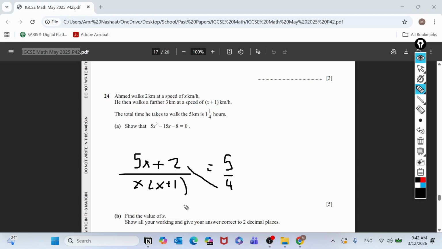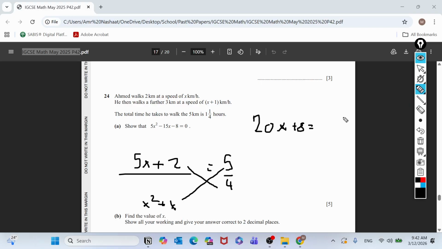So 4 times 5x is 20x, plus 4 times 2 is 8. 20x plus 8 is gonna equal 5 times x times x plus 1. Let's spread this out first so it's easier to multiply. x times x is x squared, plus x.